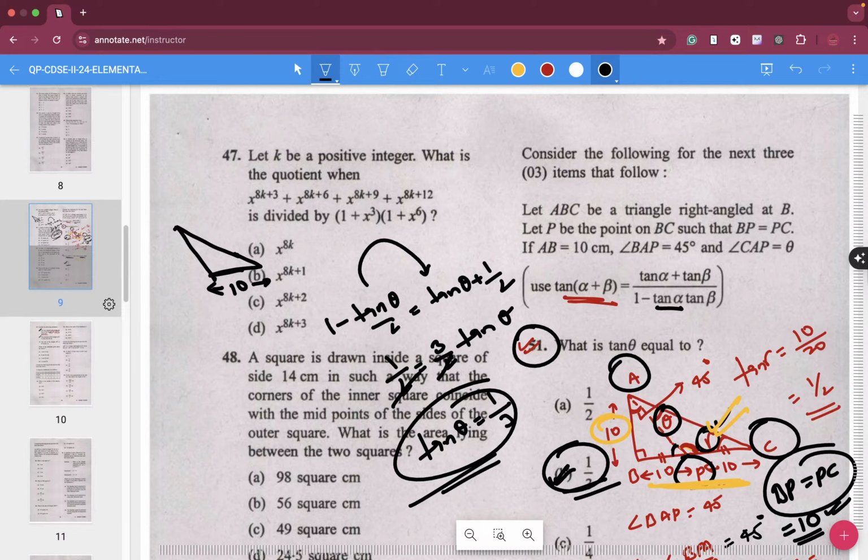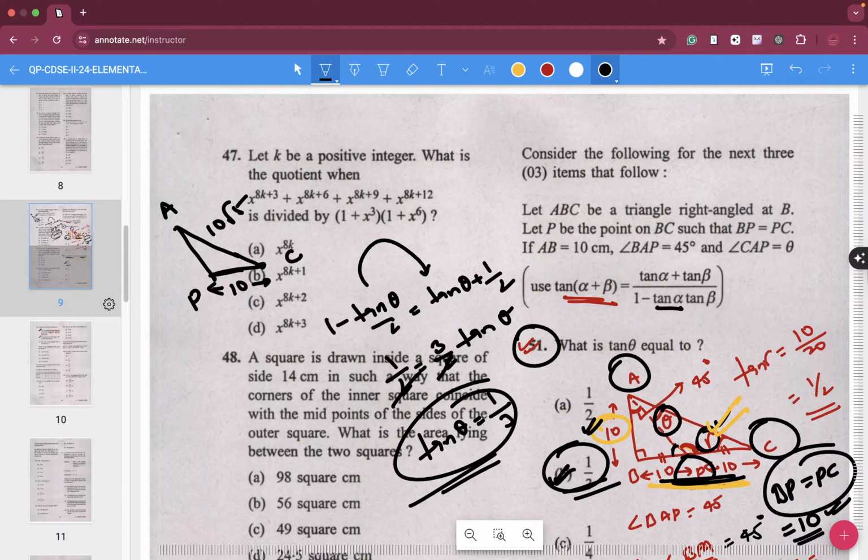Now if we apply Pythagoras over here, this is 10 and this is 20, so this value will be root under 10 square plus 20 square, which means 100 plus 400, root under 500. Root under 500 simply means what? 10 root 5.